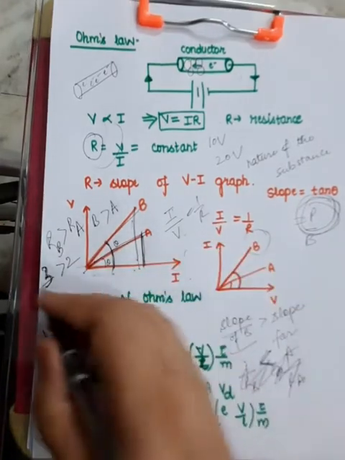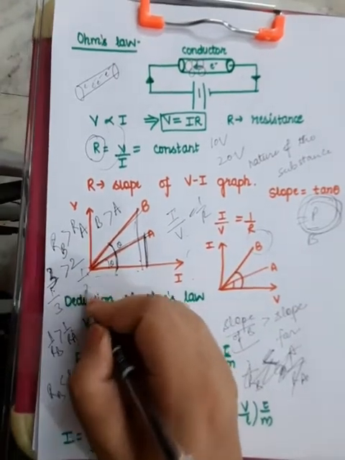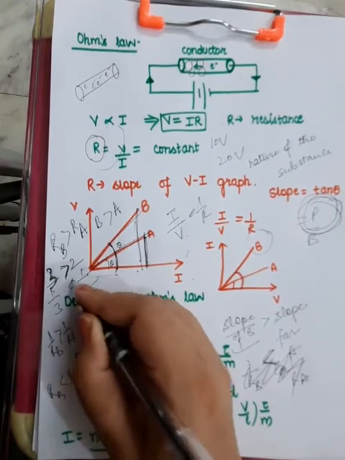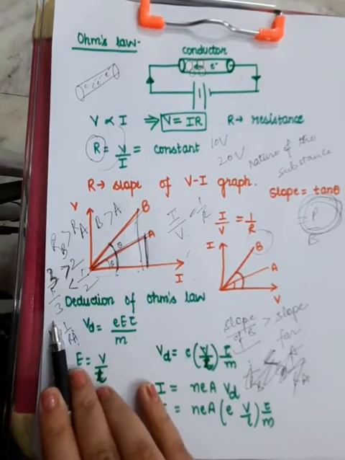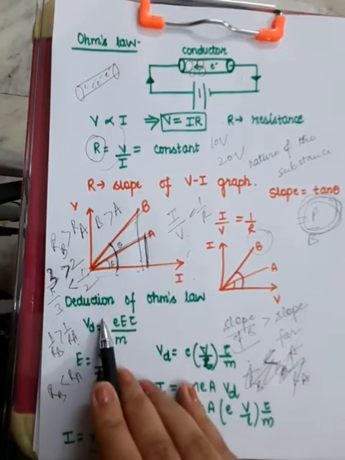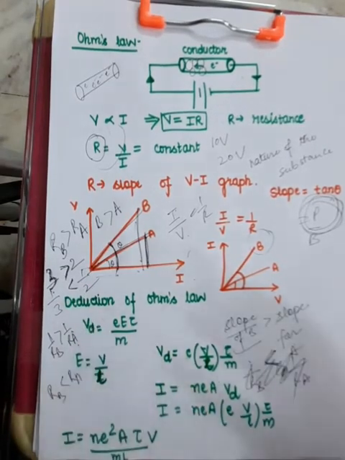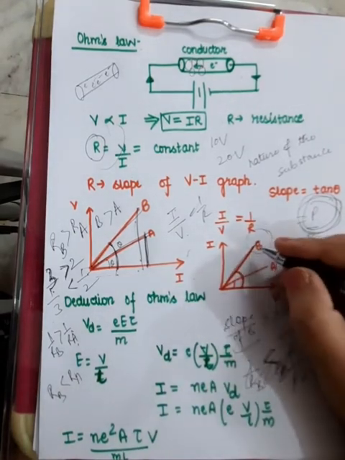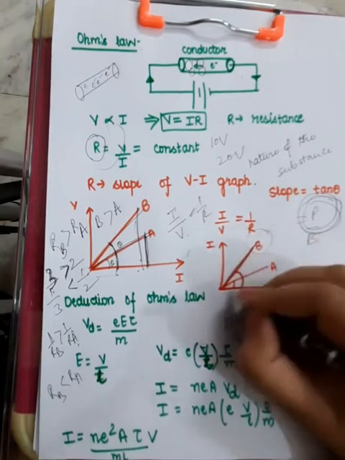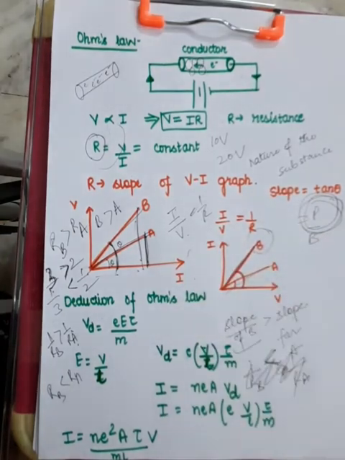If you take the reciprocals, 1 by 3 and 1 by 2, this sign will be reversed. It will become less than, because 1 by 3 is something like 0.33 and 1 by 2 is 0.5. So when we take the reciprocals in inequalities, the inequality sign changes. So this means in this case the resistance for B is less than the resistance for A.